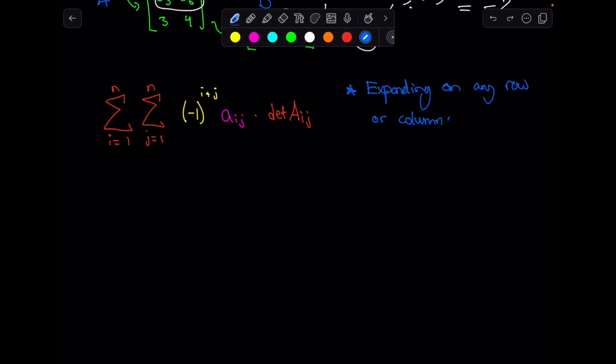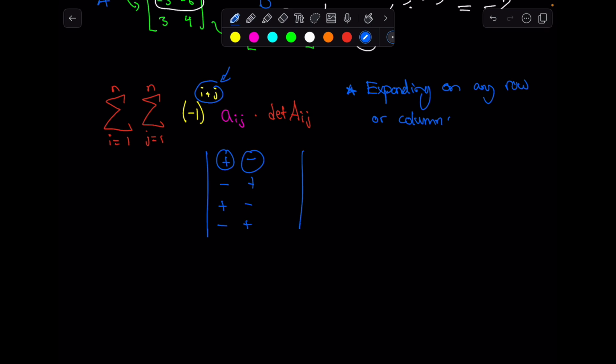If we're on the first row, first column, these add up to 2, which gives us a positive. If we're on the first row in the second column, this gives us a 3, so we get a -1, which makes this a negative sign, and so on and so forth. This gives us that alternating pattern.